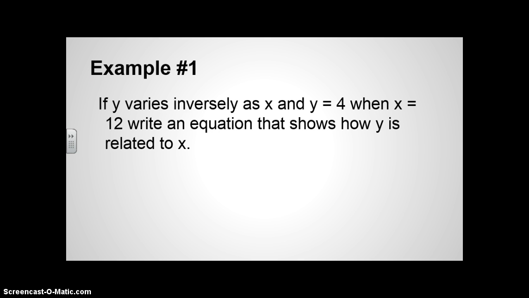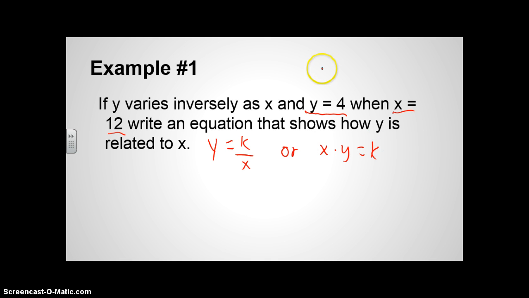Example number 1, it says if y varies inversely as x, y equals 4, and x equals 12, they want us to write an equation that shows how y is related to x. Well, we can use the formula y equals k over x, or we could use the formula x times y equals k.